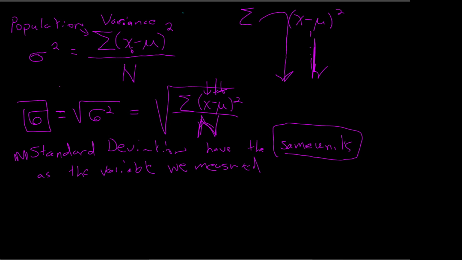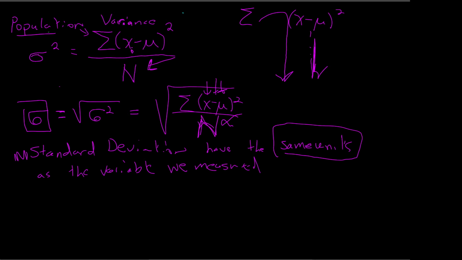Now, this formula, notice, has regular n in the bottom for population variance. What I'm going to do here is show you how to calculate one, and then we'll look at how we would get a sample deviation later. So let's get a population data set and put it together.